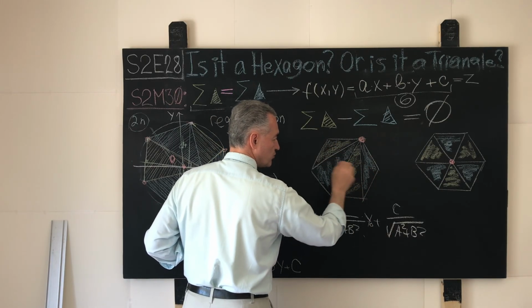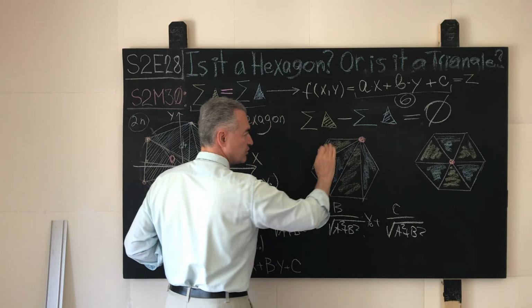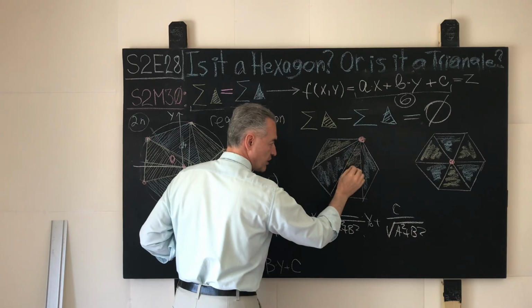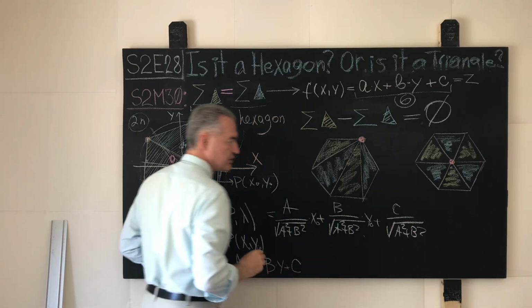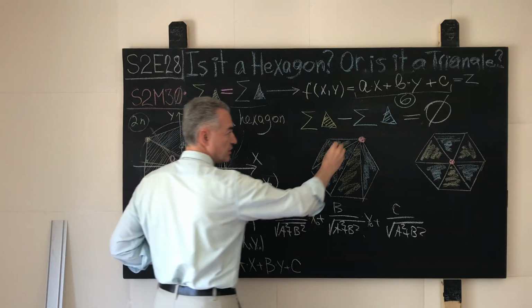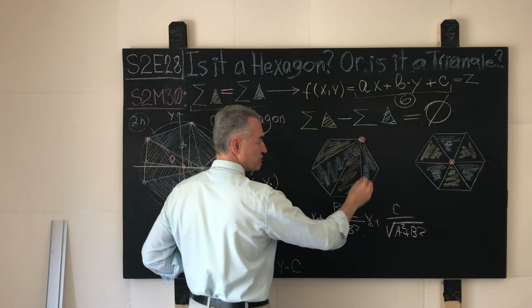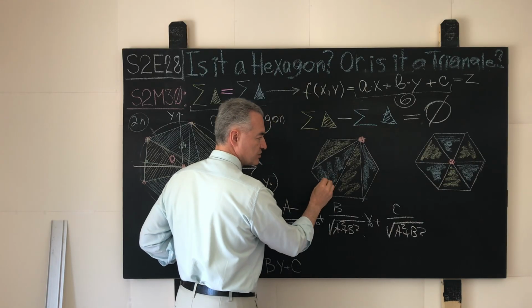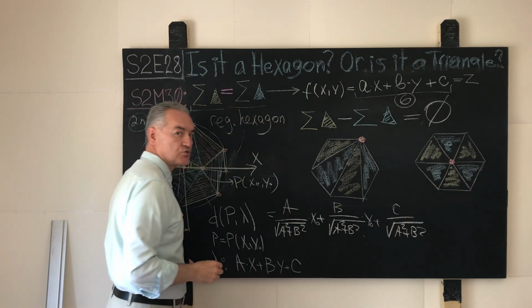And what can we say about the difference between the sum total of areas of the blue triangles and the sum total area of the yellow triangles? Again, it will be 0 because this yellow triangle is essentially the same as this blue triangle, and this blue triangle is essentially the same as this yellow triangle.